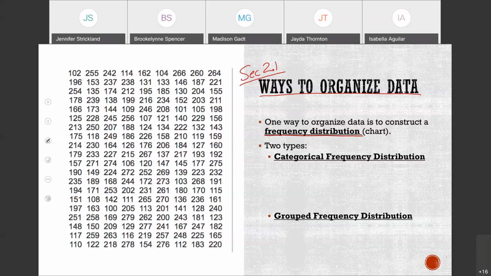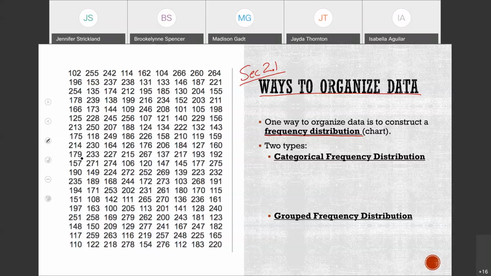There's just a few things for each one that we need to know. The first thing is when to use them. Sometimes our data set can look like what we have on the screen, where it's a set of numbers. And other times it can be a set of words.